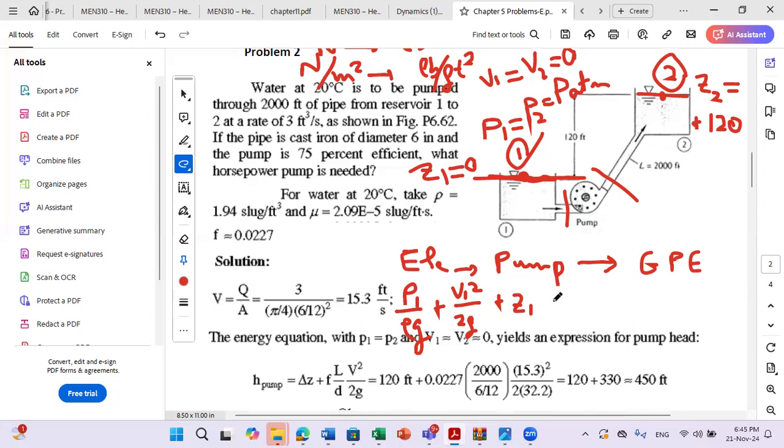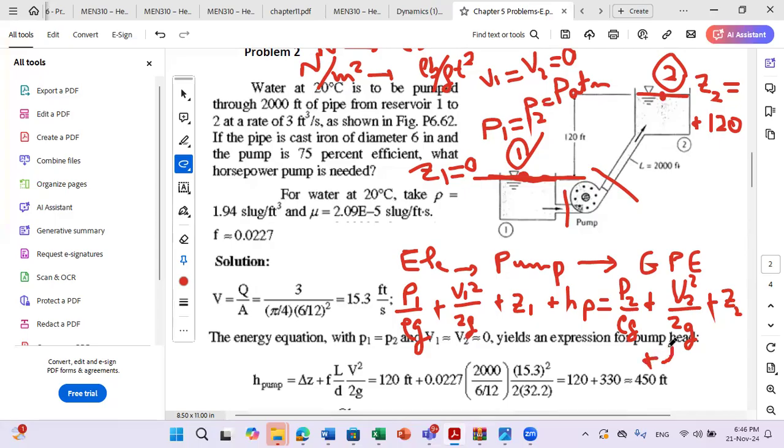Here, since we have a pump, we have plus HP equals P2 over rho G plus V2 square over 2G plus Z2. And of course, we need to consider losses. Here they gave us the friction factor, so we can evaluate losses. So plus Z2, and we'll replace the losses head by a friction factor.